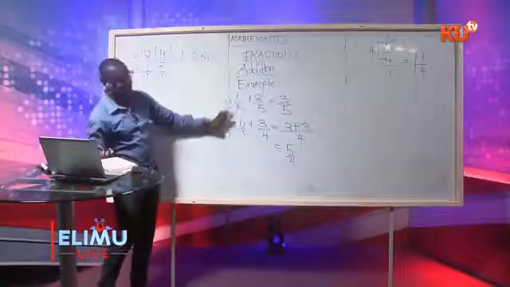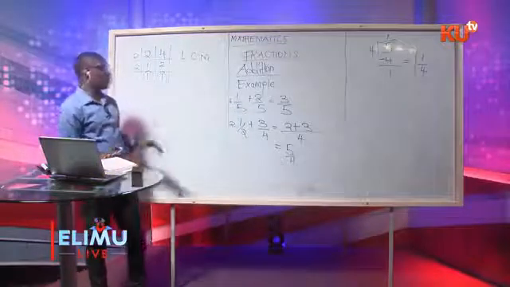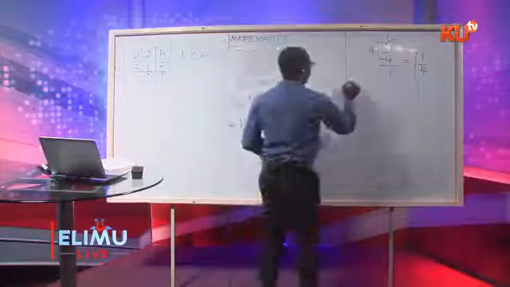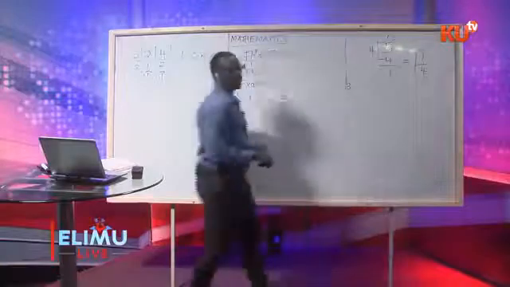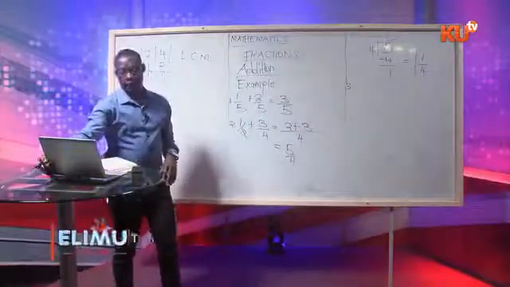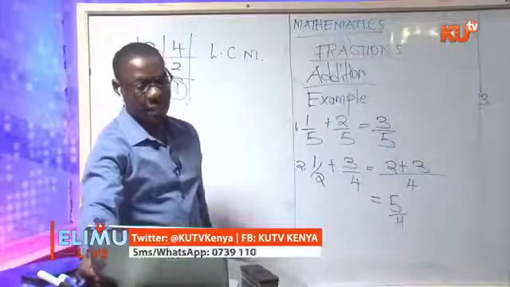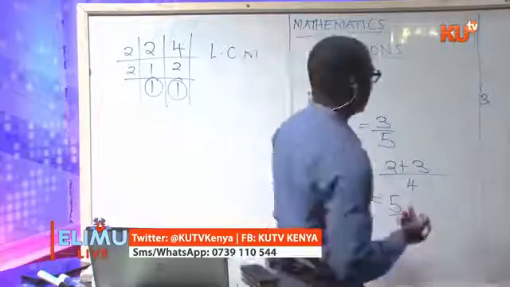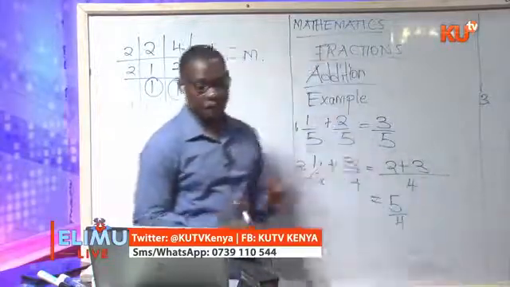Remember, all these are proper fractions. Now, you can also have mixed fractions. So our third example, on addition of fractions, we are adding mixed fractions. And I said that a mixed fraction is a fraction that has both a whole number and a fraction part.